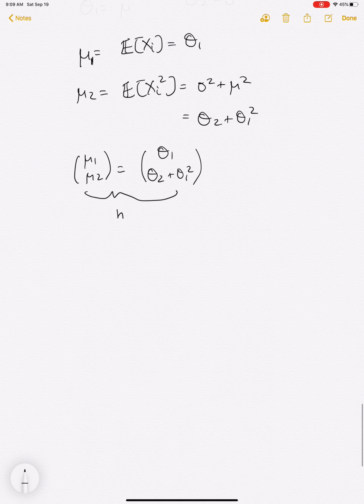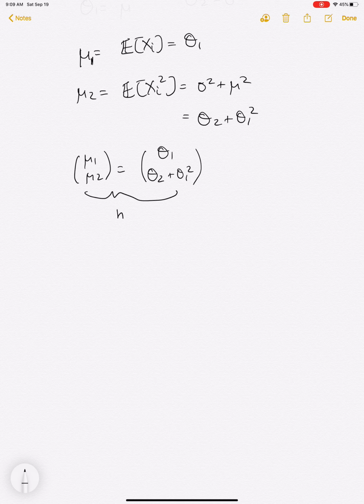Now we need to invert that expression, so we want the thetas in terms of the mus. In this case it's not too difficult.